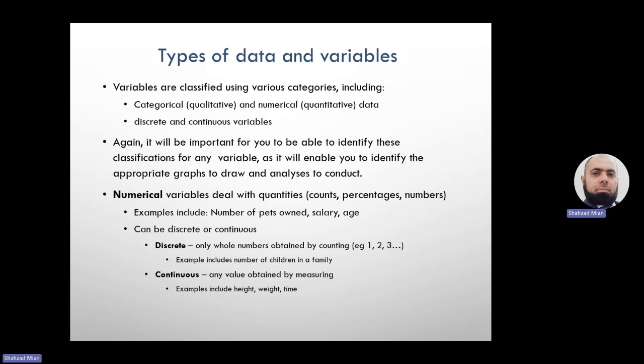We never buy one and a half apples. Or the number of children in a family could be one, two, three, four, never four and a half. Continuous, on the other hand, are those where we can measure exact values, such as height, weight, and time. Going into more detail, continuous values can be measured as well.